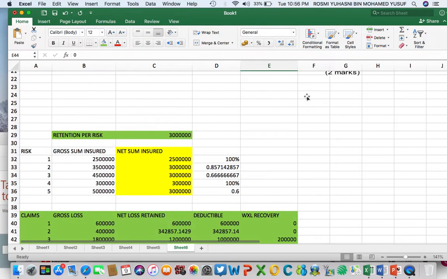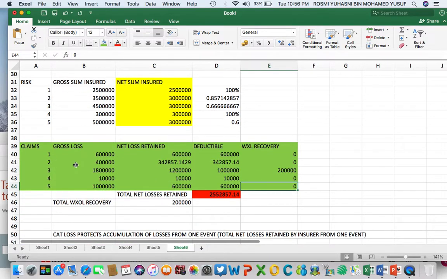So for each loss here, there is going to be one deductible applicable for each and every loss. This is what they call per risk cover. So one deductible for one loss, one deductible for each loss from the same event. That is why it is called per risk cover, because one loss will apply one deductible.